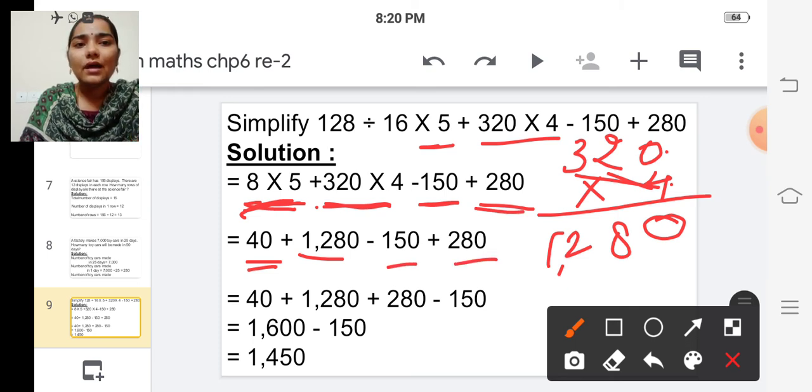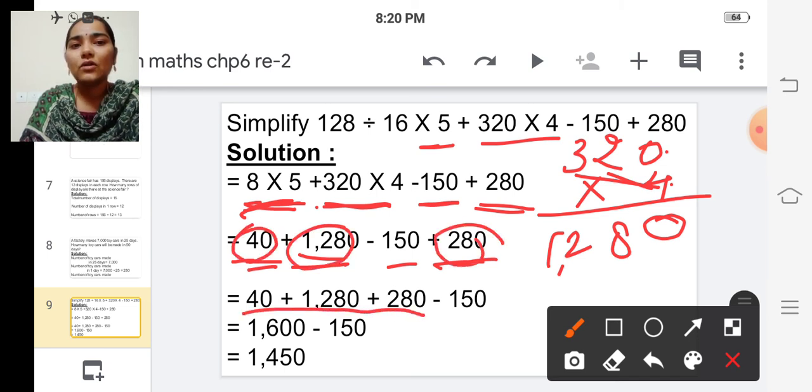And now we have to group the same signs. We have to group the numbers that have the same signs. So here plus 40, plus 1280, plus 280. So we have to group these three numbers.